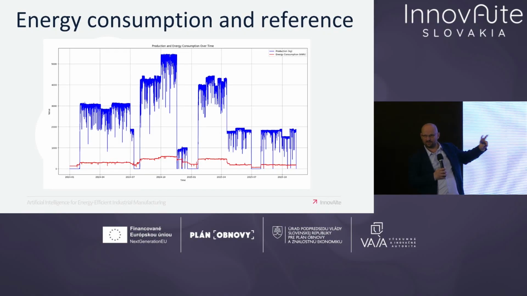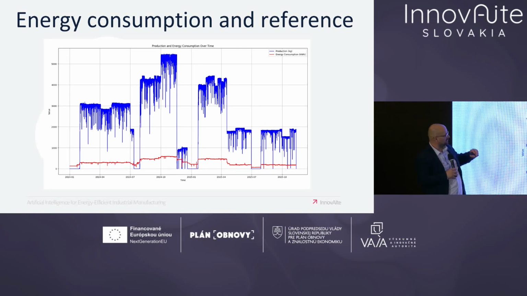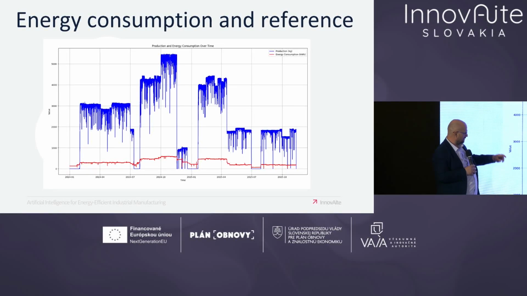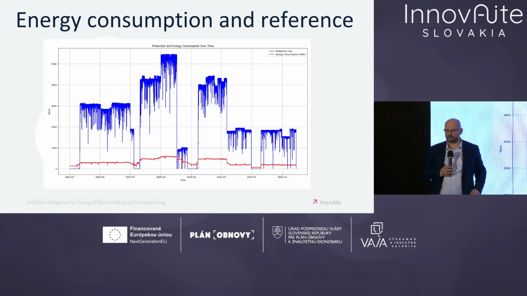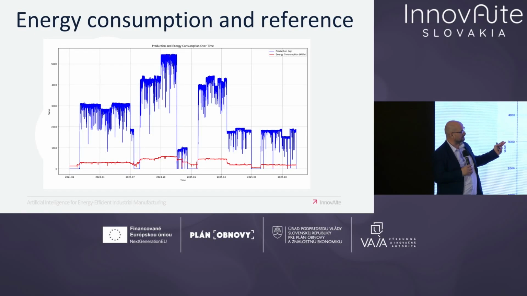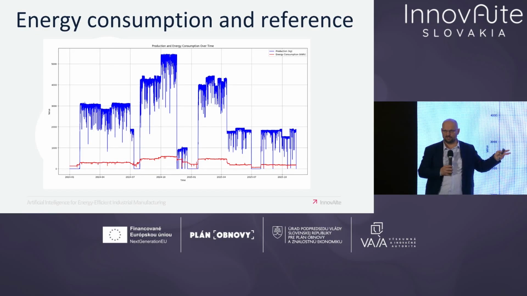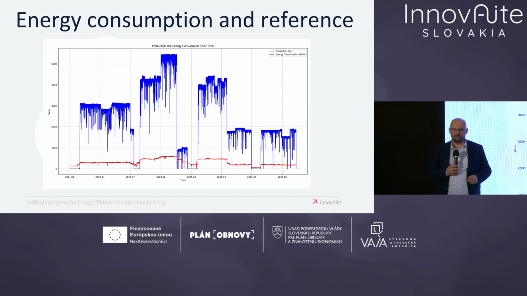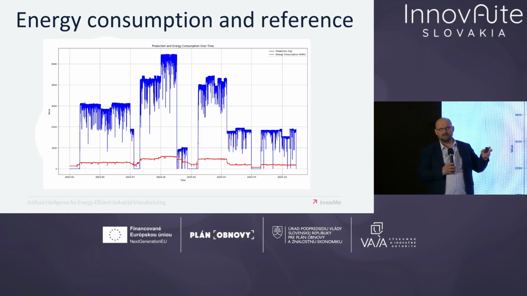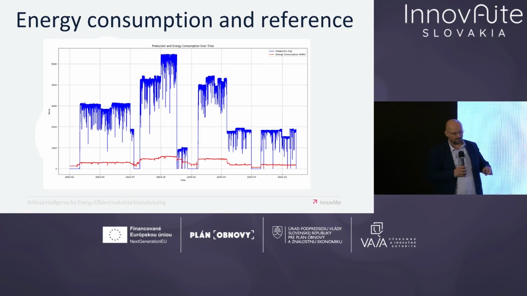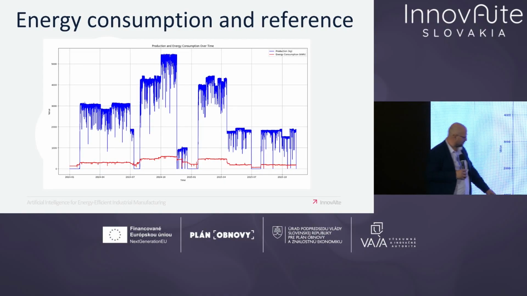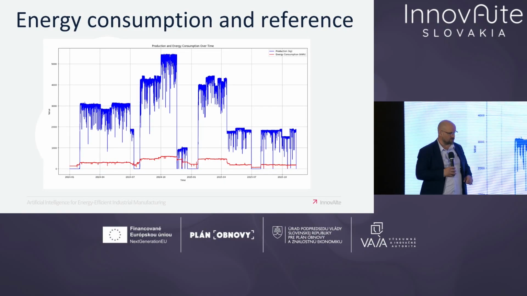So here you have data. It's not important what part of the plant is concerned. For this case, we need to know that what is in red is actual energy consumption and blue is a reference value. In this case, it's the number of square meters of a product.